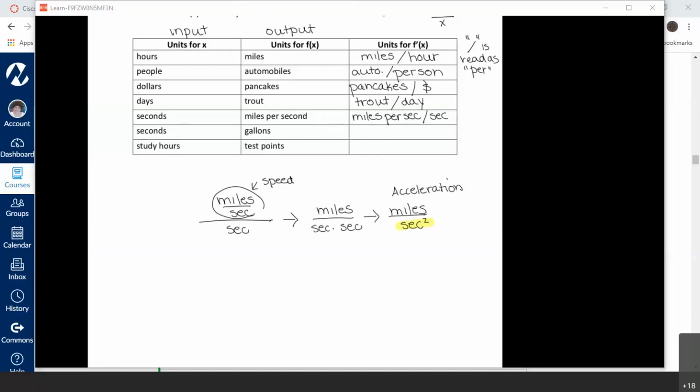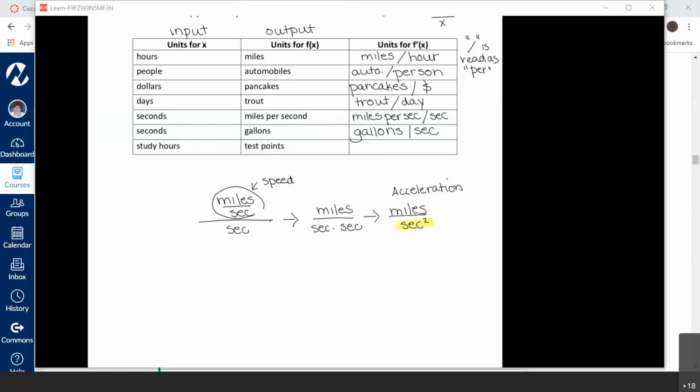Is that gallons per second? Yep. Okay, so again, we might be interested in the rate at which a pump pumps out a tank or a pool. How many gallons per second? So we'd be interested in that rate.